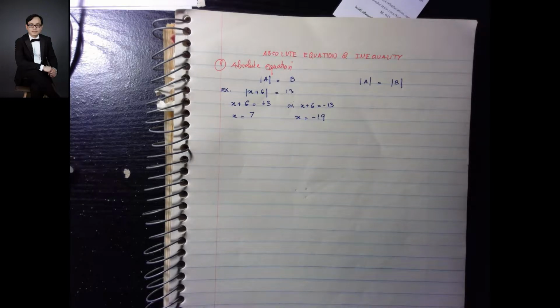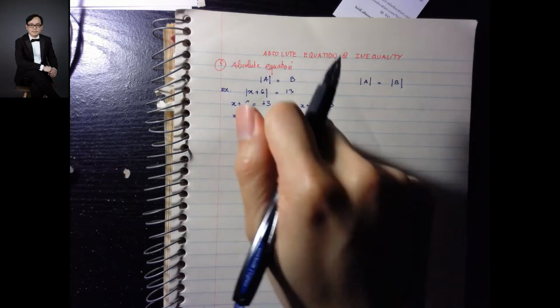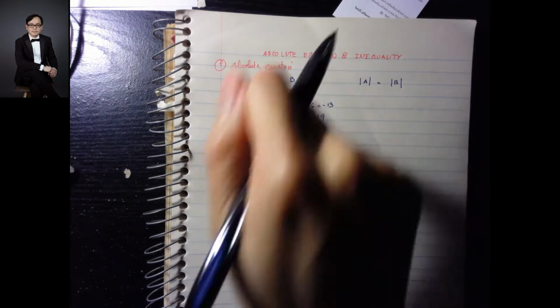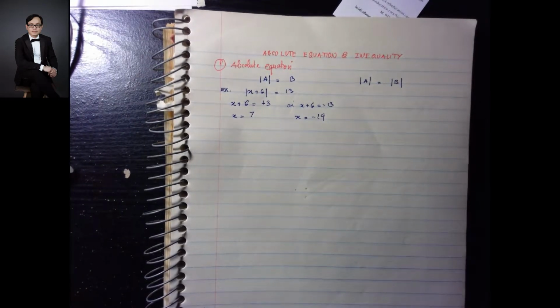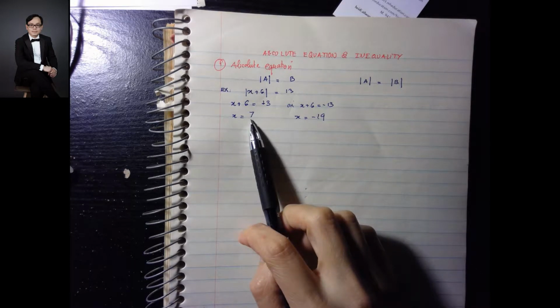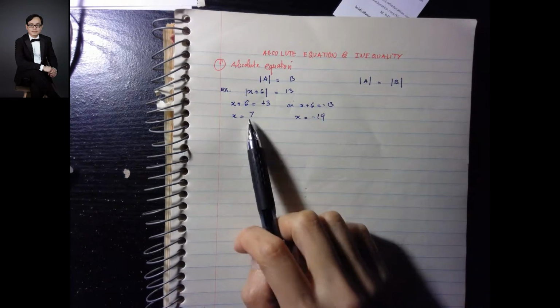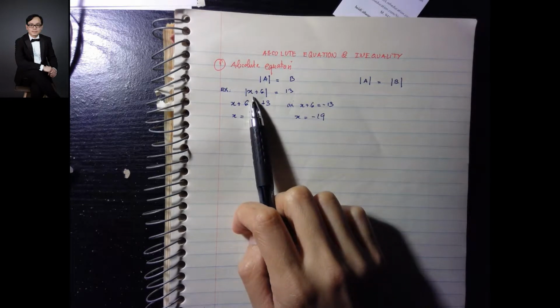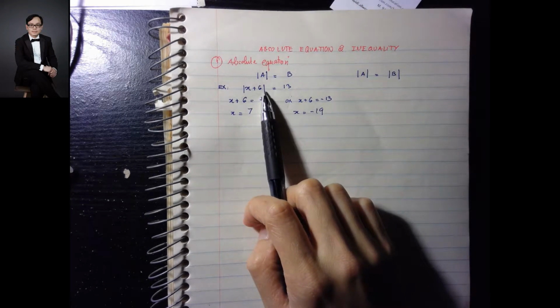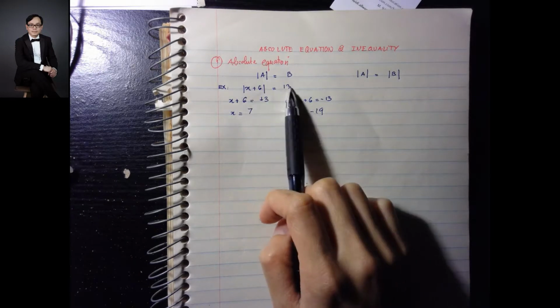Now, how do we know that this answer satisfies the equation? Most of the time it does, but let's do a quick check. You plug 7 into the equation: 7 plus 6 is 13, absolute of 13 is 13, right?